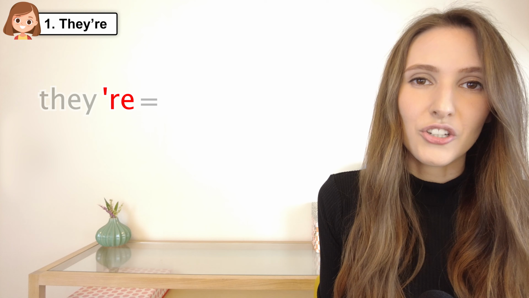A subject pronoun is a pronoun that indicates who or what is doing the action in a sentence. They is the plural pronoun used to designate two or more people, animals, or things. Let's quickly check this chart of subject pronouns.